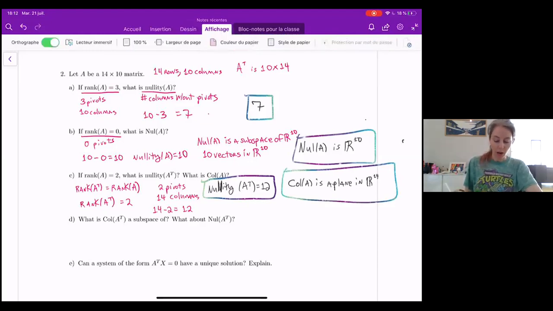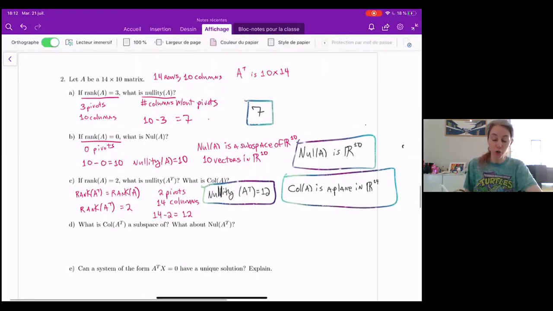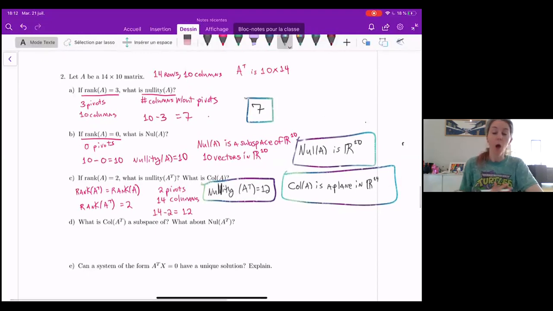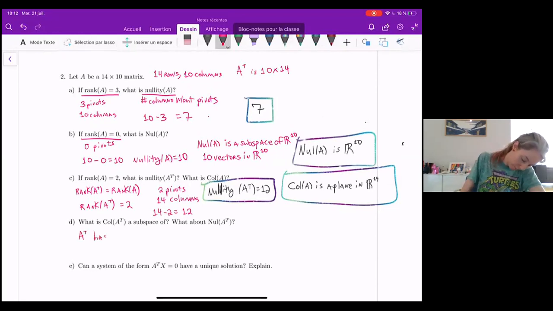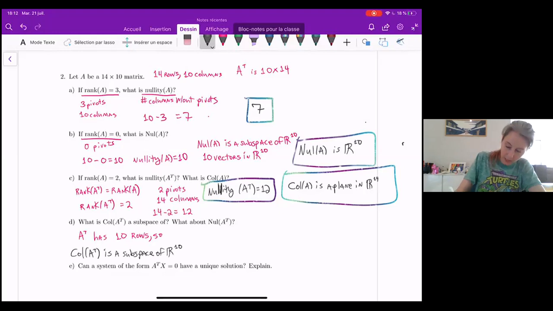All right. Now, what is the column space of A transpose a subspace of? Well, it's going to be R10 because A transpose has 10 rows. So column space of A transpose is a subspace of R10.